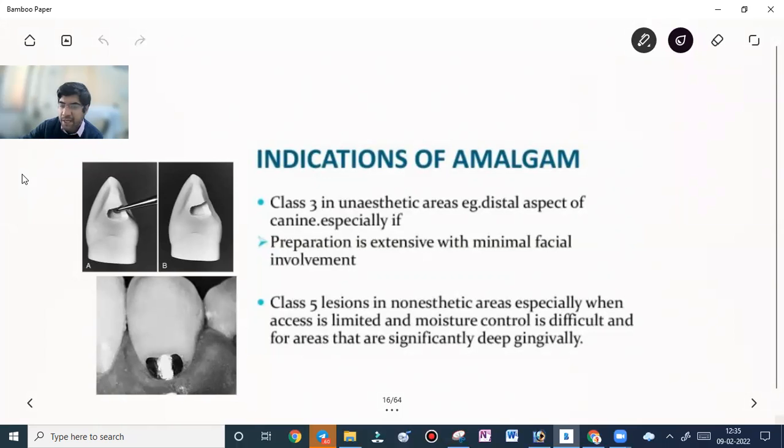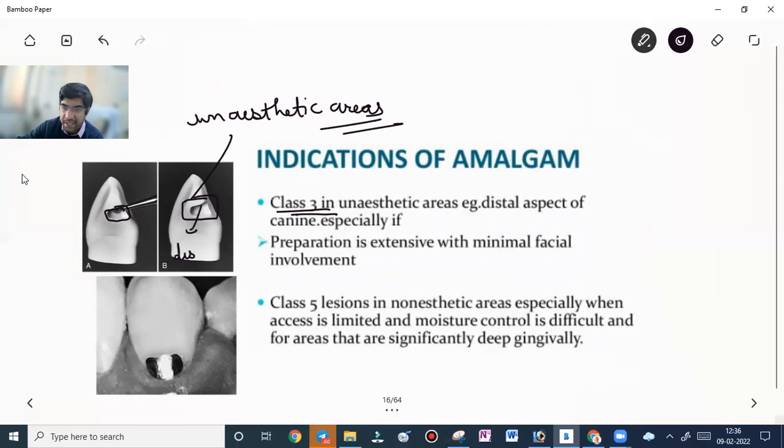Other cases where we can give amalgam is in class 3 cavities. Here in the class 3 cavities, as you can see, in the unaesthetic areas, that is in the distal side of the canine, we can give it.